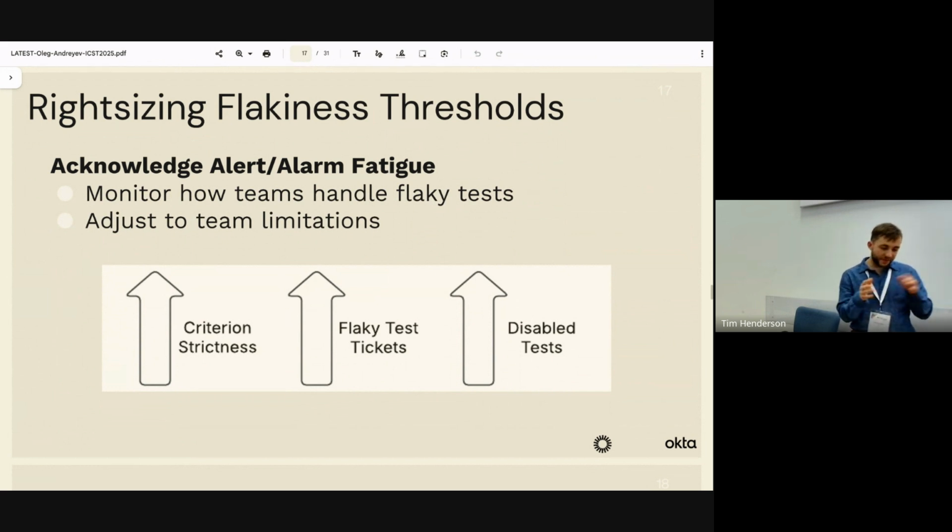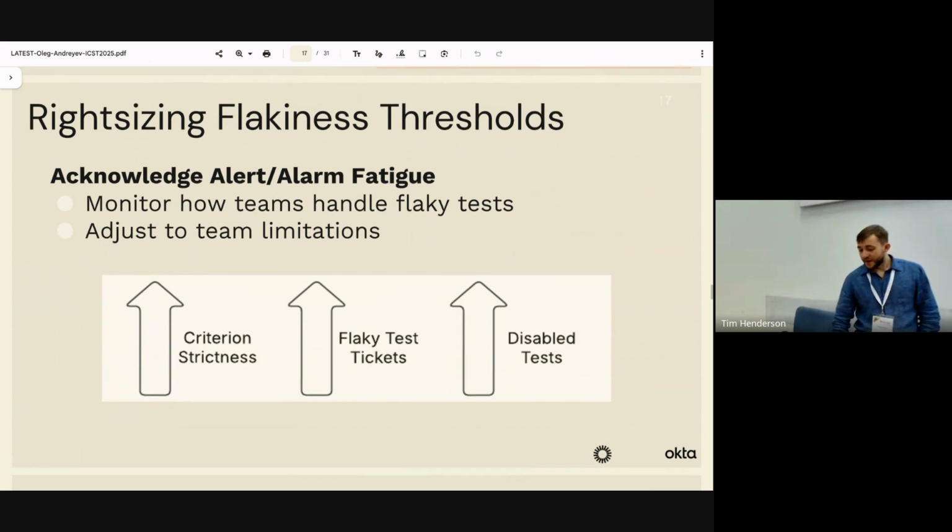We evaluate the positive and the negative data. We adjust the flakiness threshold by monitoring the quality of the goals that are done by the teams. Do they fix the tests? Do they stay fixed? Do they stay stable? Do they get ignored? Do they get disabled and fixed later? Those are some of the examples.